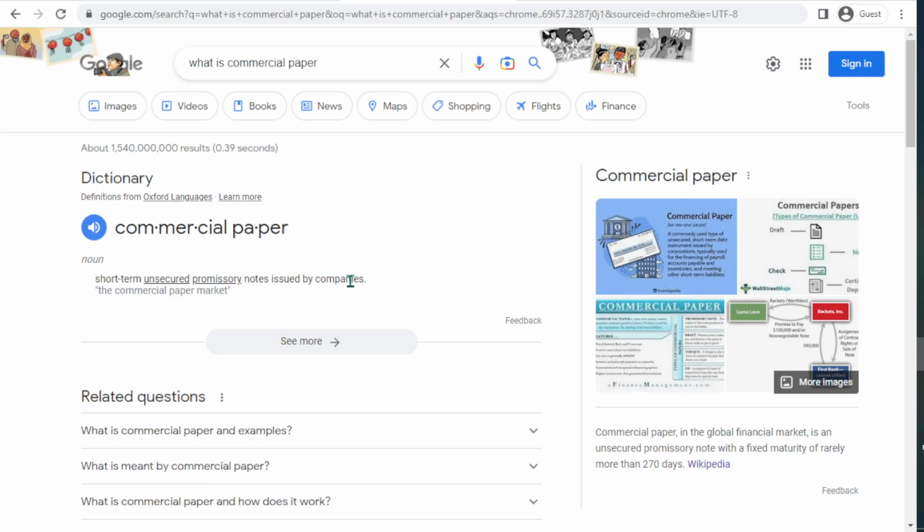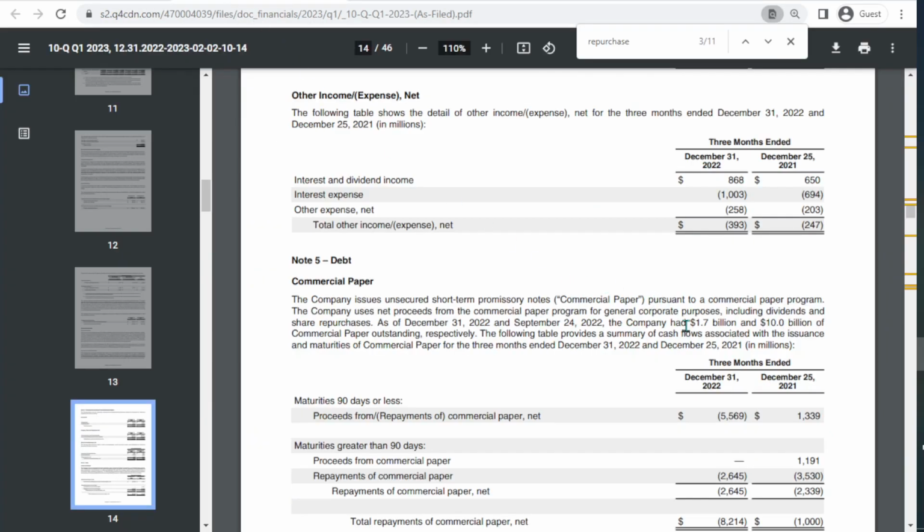So it's based off the value of their word. So obviously, there's a lot of risk to this if they don't necessarily pay you back because there's no collateral to this. So that's essentially what a commercial paper is. And here in this report, they're saying, hey, you know what? They use it to pay dividends and repurchase shares. So now we got a little bit of information there.